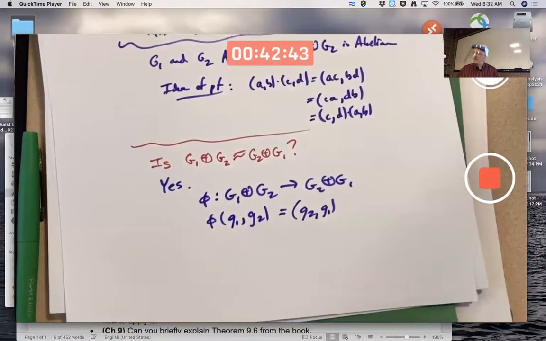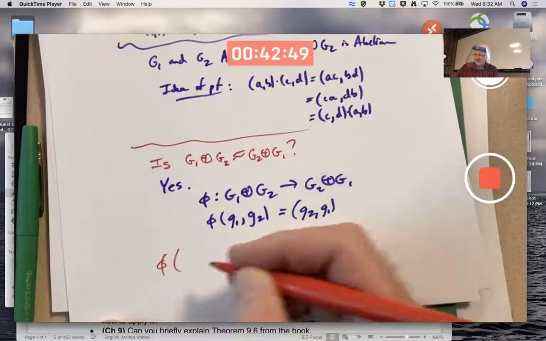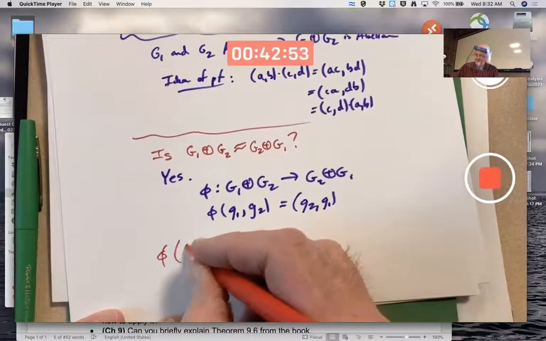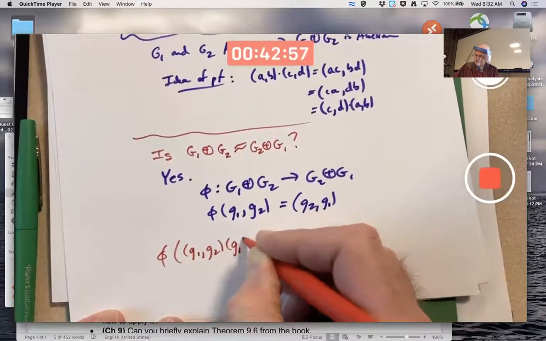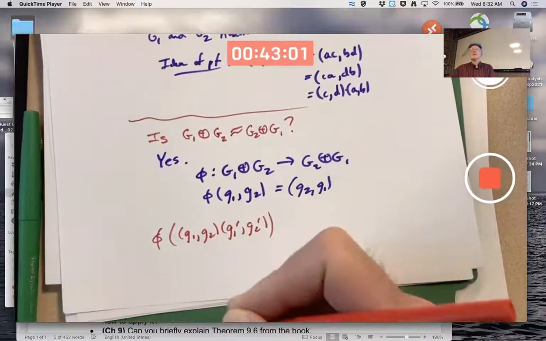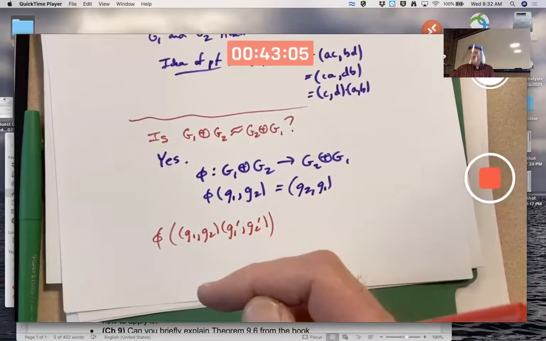Show it's one-to-one, onto, and operation preserving. Is it really operation preserving? Okay, let's go ahead and check it. There's phi applied to an arbitrary product in the domain group.